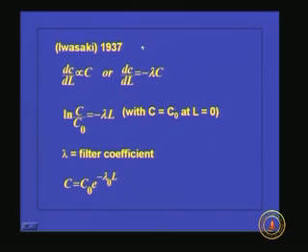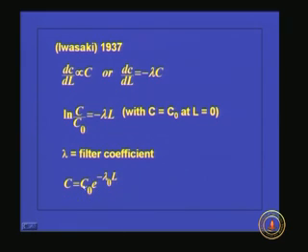If you integrate this, we will get ln C by C naught is equal to minus lambda L, where when L equal to 0, C is equal to C naught. Or we can write it like this: C is equal to C naught into e raised to minus lambda L.